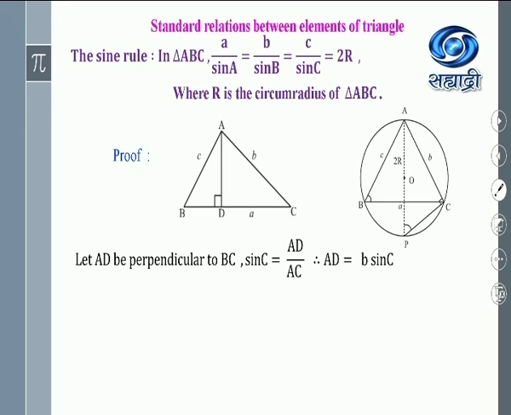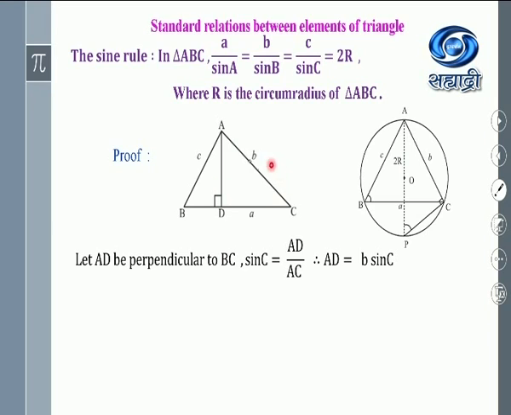Now in the triangle ABC, we draw AD perpendicular to BC. Then we get two right angled triangles ABD and ACD.